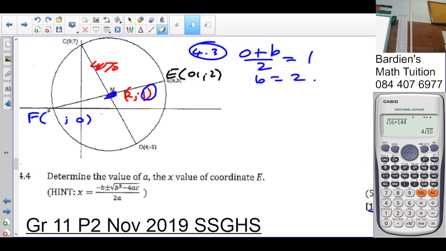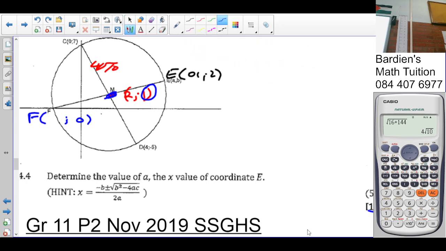Now, another question says, determine the value of A, the x value of the coordinates of E. Okay, so we don't know what this value is here.